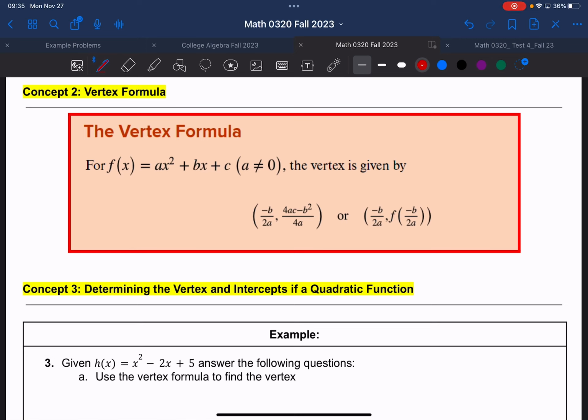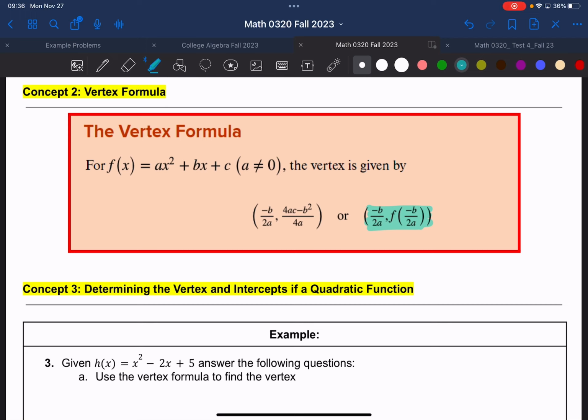Well, another way to find the vertex is using the vertex formula. So let's say you don't want to change the equation from standard form to vertex form, and you would prefer to use an equation. This is the equation you would use. It shows you two different ways to write it. I like looking at this one right here.